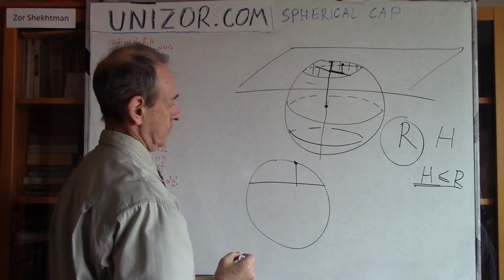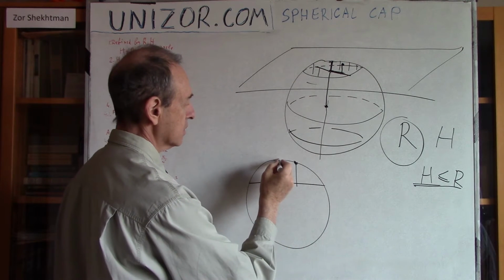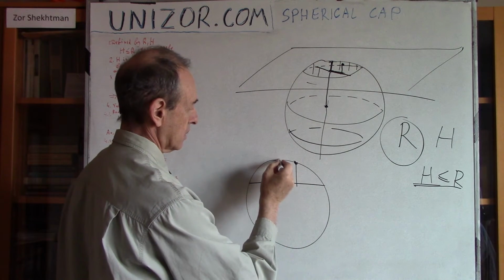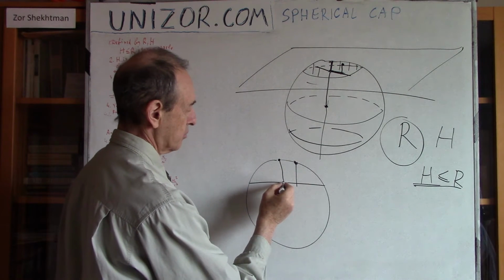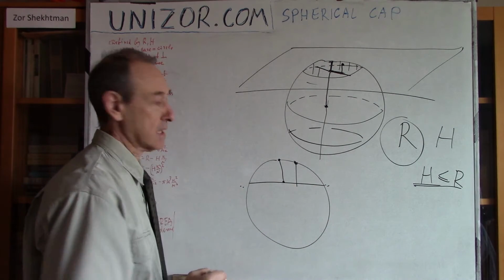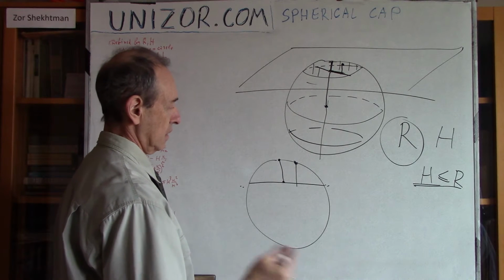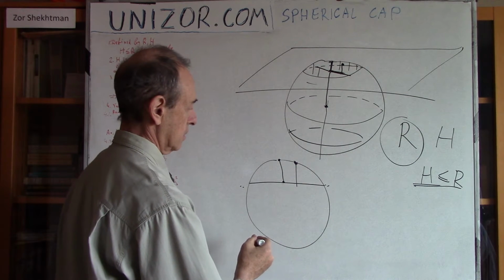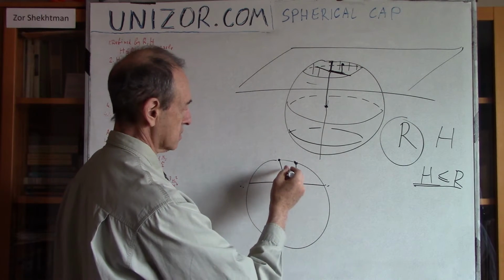Now, it's obvious from plane geometry that only the point which has a perpendicular projecting to the center of this segment would be the longest. That's very easy to prove from plane geometry, and you are welcome to do it yourself.